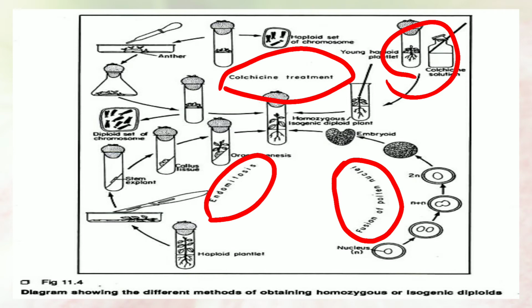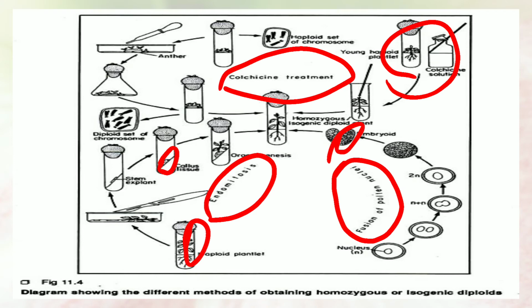Then in endomitosis, firstly the stem explant is treated with auxin and cytokinin and you get the callus mass.